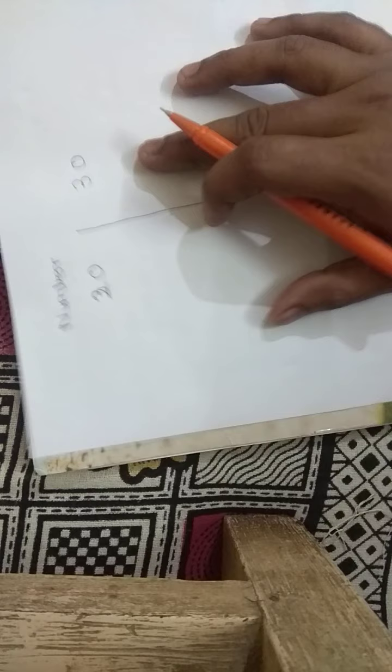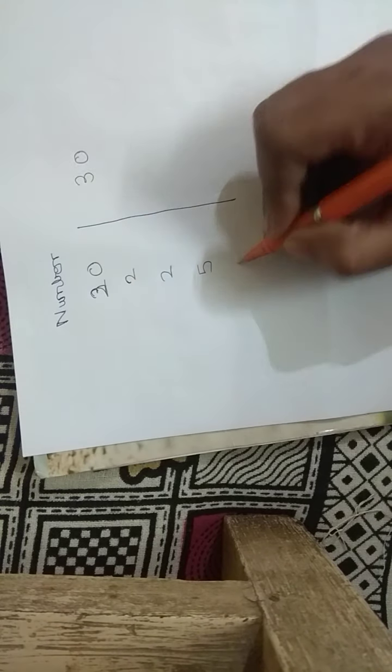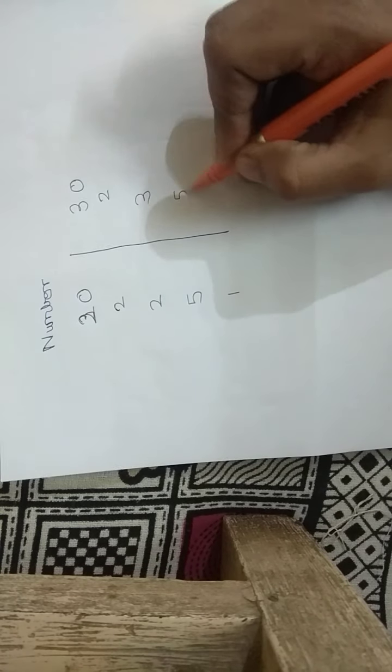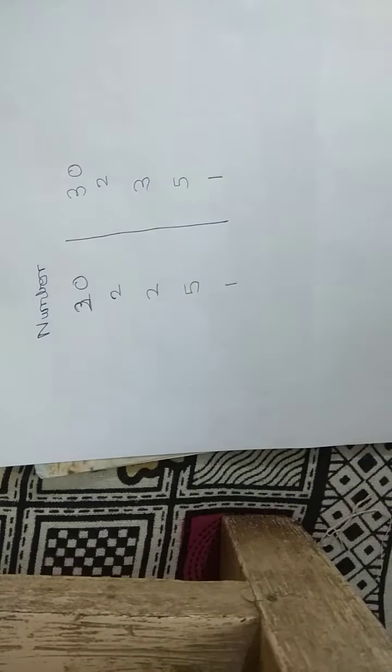So I will write them here. What are the factors of 30? 2, 3, 5, 1. So I will write it here. Next step is always to find the common factors.